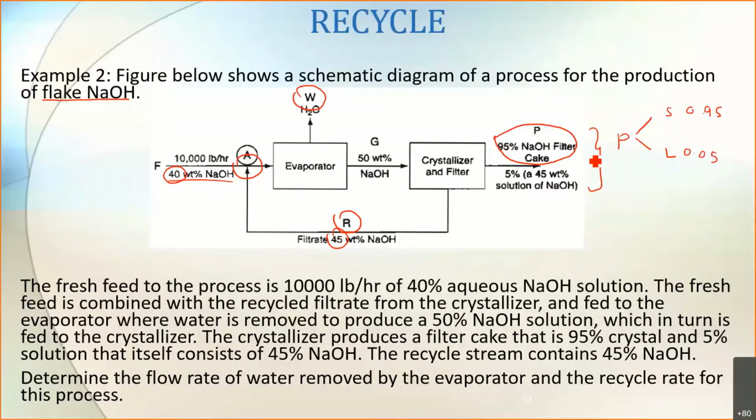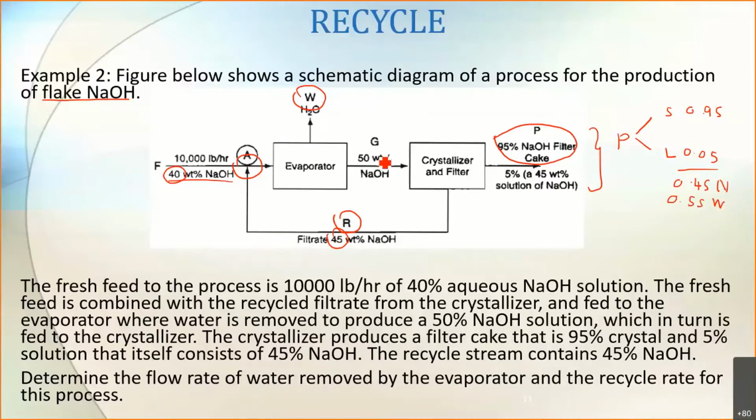Okay, so this is the meaning of this part of the question. From this 0.05 of liquid, in this solution you will have a composition of 0.45 NaOH, and then the rest 0.55 water.